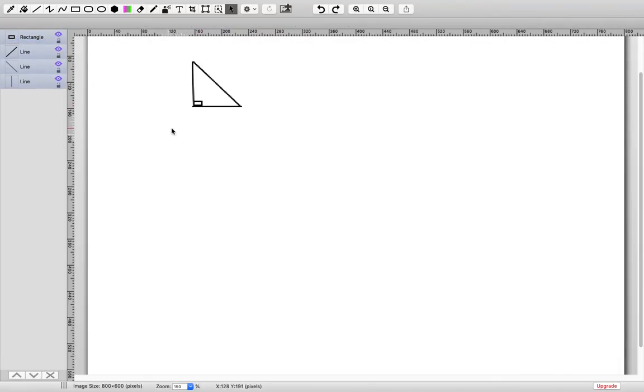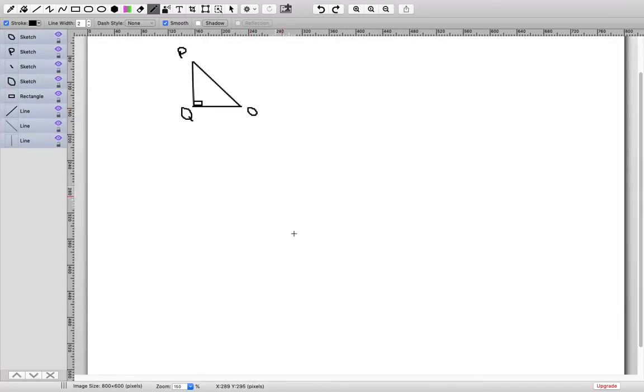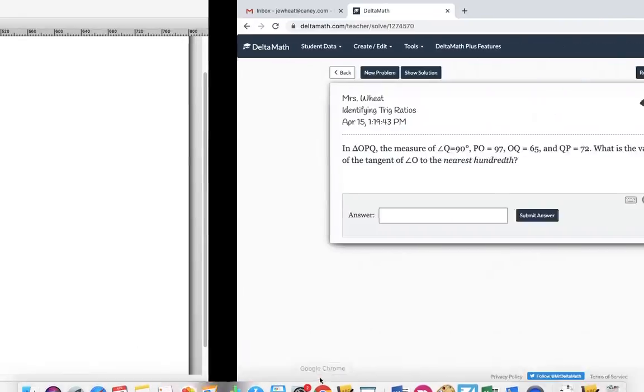Okay, so there's our triangle. Sorry, that took me a minute. This is angle Q, and then we're just going to label P and O.